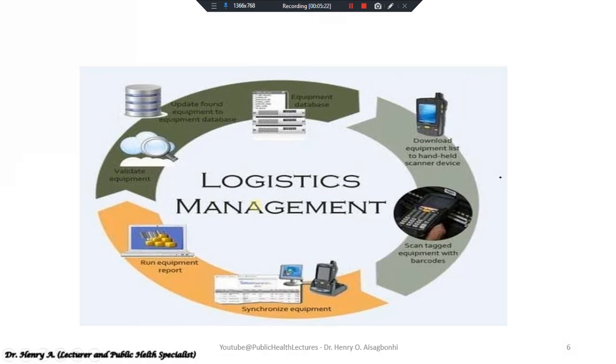This is just an overview of logistics management in some environment, workplace, or logistics house.